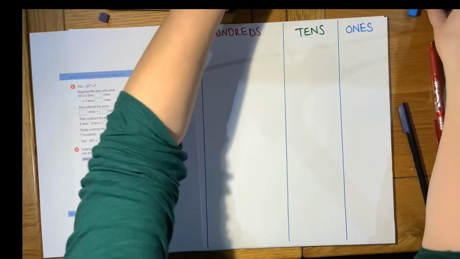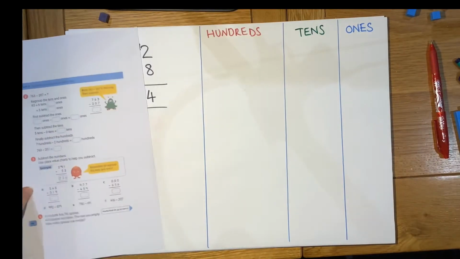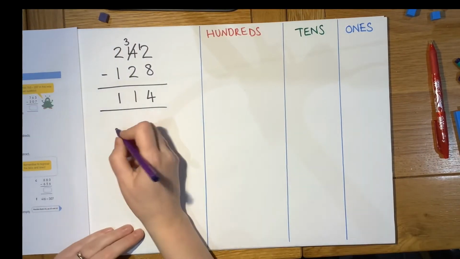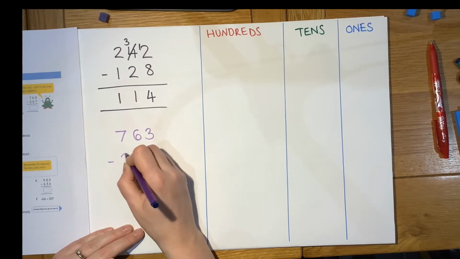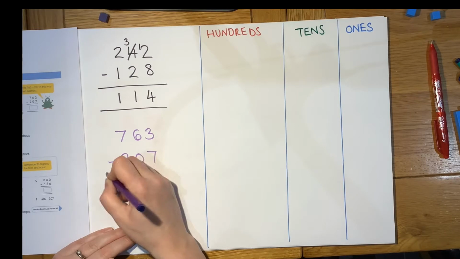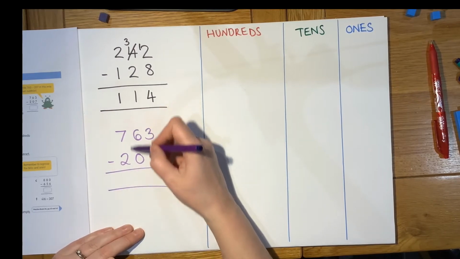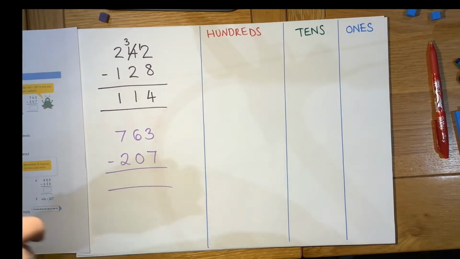Let's do another one. So this time, I'll change colour so you can see it's a different one. 763, take away 207. So notice again, I've lined up my hundreds, my tens, and my ones, okay?